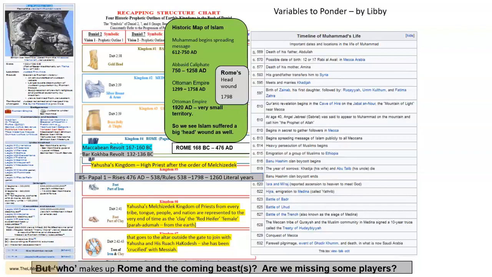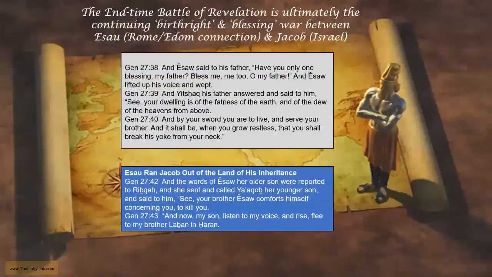So the Fifth Kingdom will see the papal supremacy #1 rise 476 AD to 538, and then rule from 538 to 1798, and we'll see the 1,260 literal years, and we'll understand how these numbers are determined. We're going to see #6, Papal II, rise 1798 to 1801, waxing great from 1801 to present. So we're going to get all this history as well.